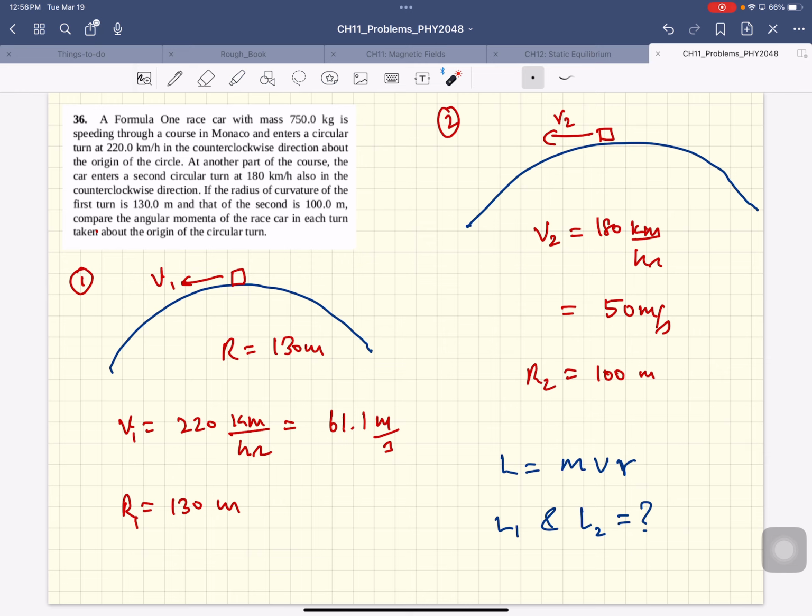No, I'm sorry. Centripetal. Very good, my friend. Even if we assume its speed is constant, the direction is changing, and so it's got centripetal acceleration. So let's calculate that. We'll calculate a centripetal 1 and a centripetal 2.